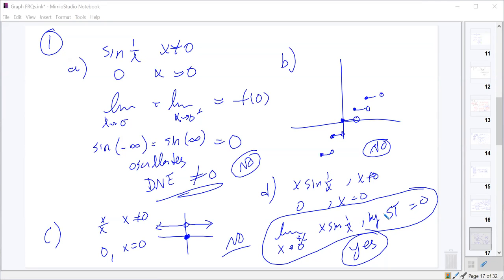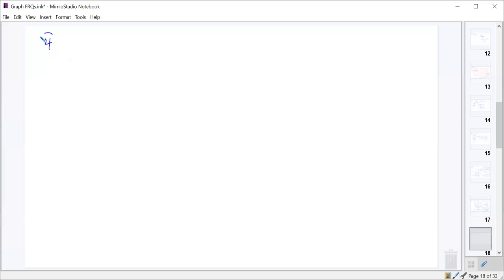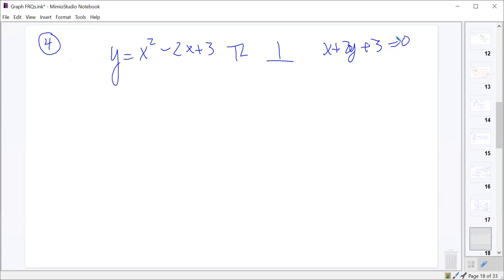Next one is number 4. All right, number 4, we want the x-coordinate of the point on the curve y equals x squared minus 2x plus 3, where the tangent line is perpendicular to x plus 3y plus 3 equals 0.